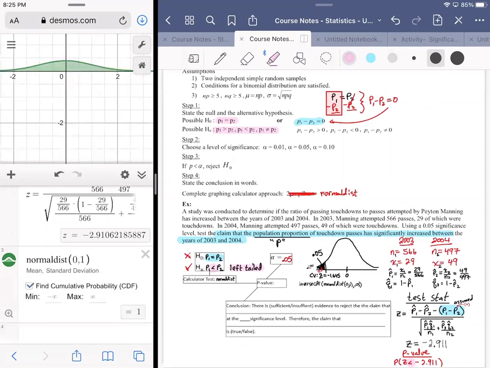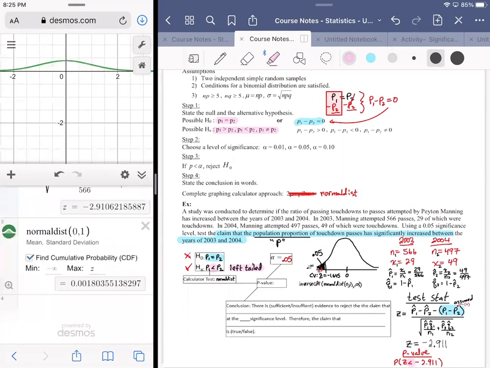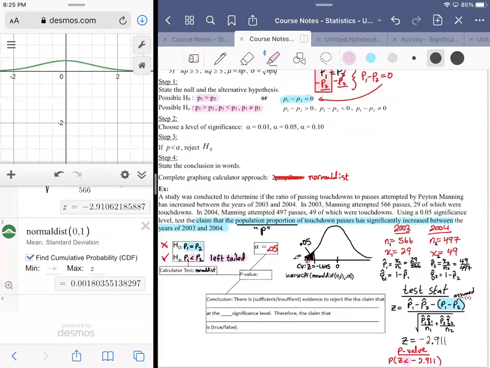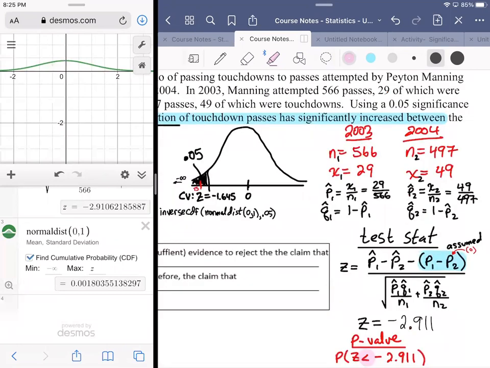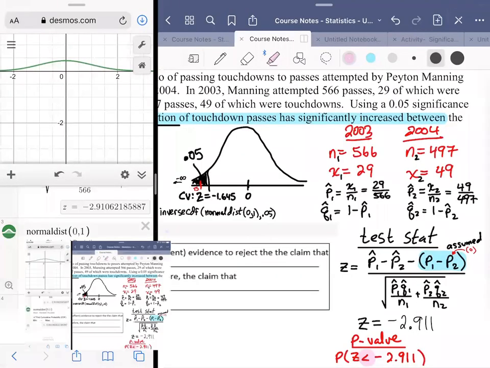So for cumulative probability, I don't want the whole thing. I don't want it to go from negative infinity to infinity. I want it to go from negative infinity to whatever I came up with for z. All right. So what I'll do is just do a quick screenshot of this and pop it into the notes so you have it.